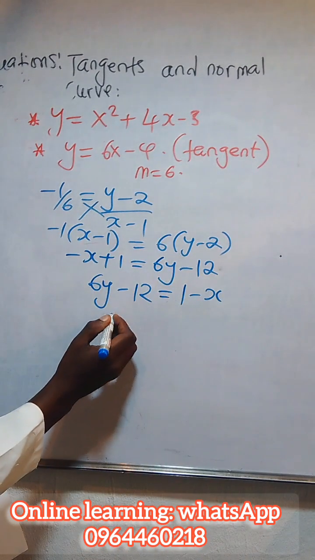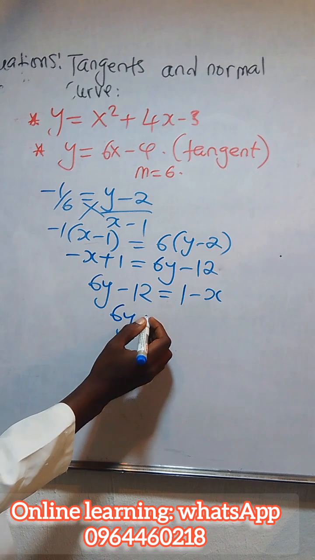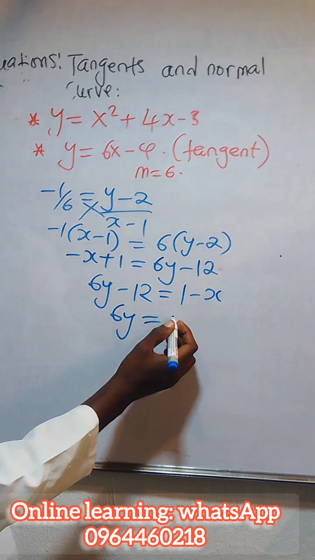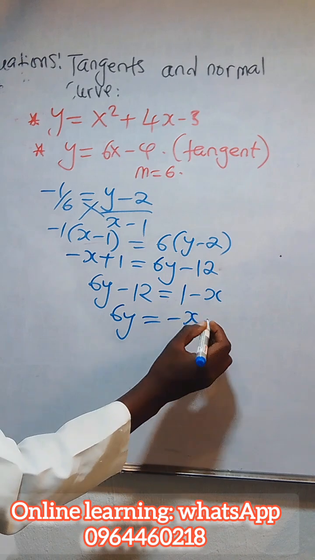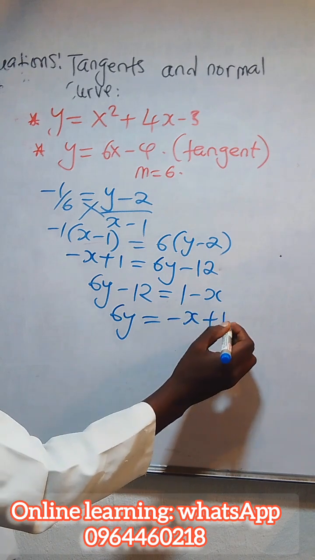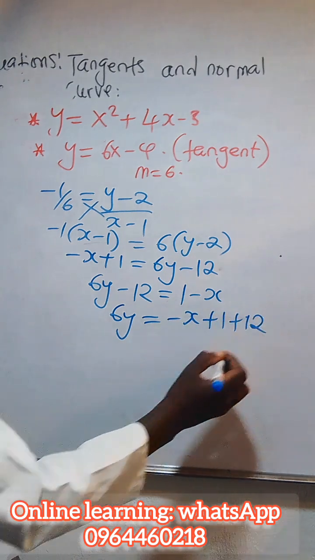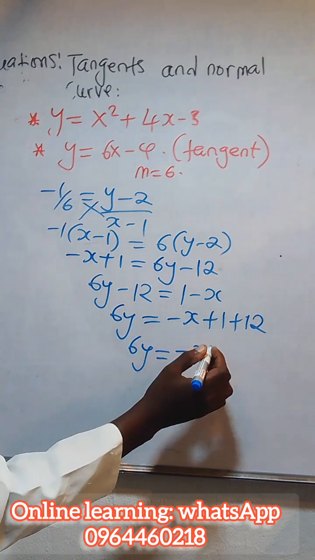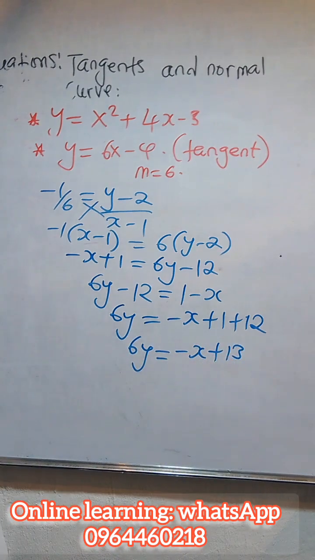So this is going to be 6y. 6y is equal to negative x plus 1 plus 12, and this is 6y equals negative x plus 18.